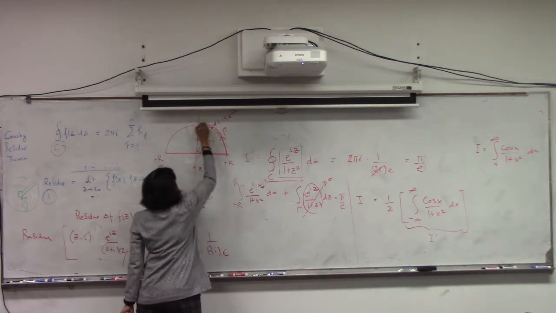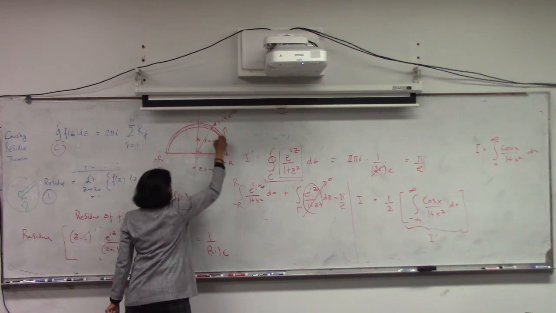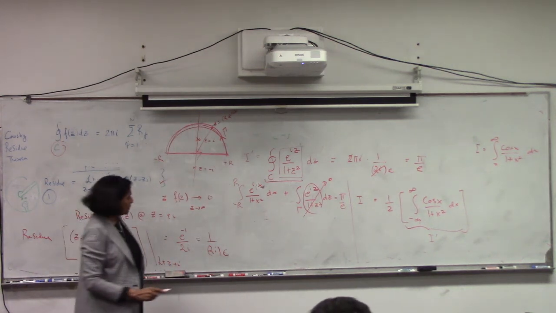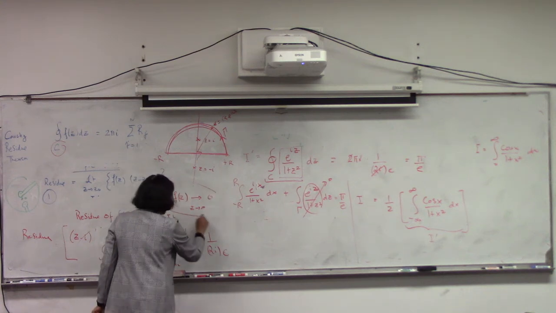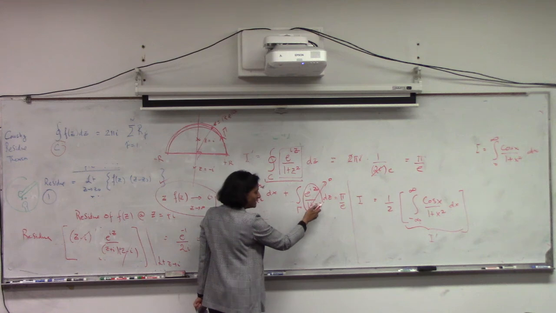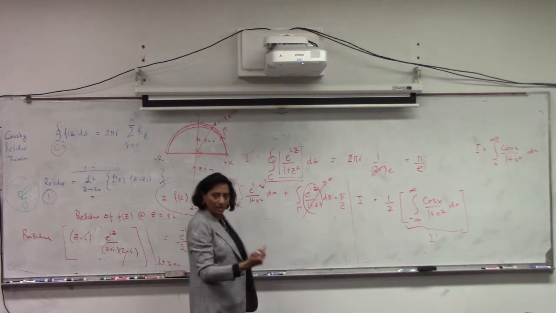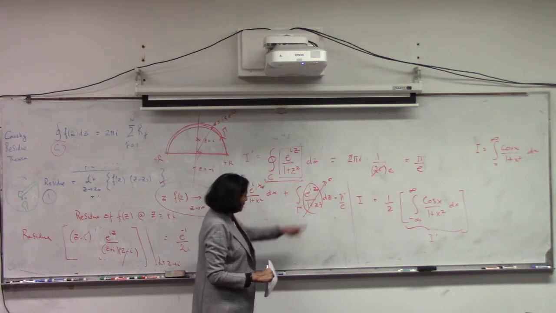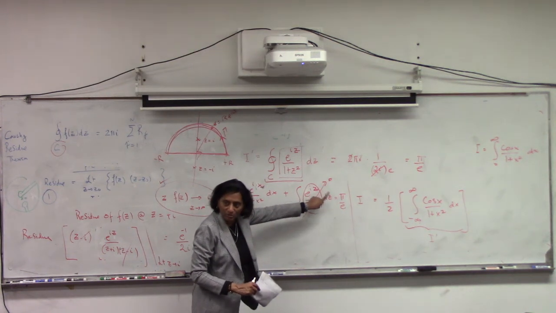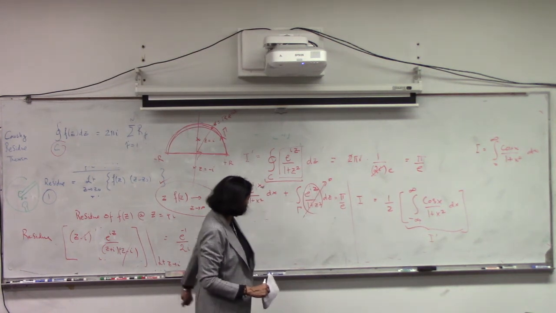Then for such integrands, there's no contribution from the semicircular arc, right? So this condition has to be satisfied, and those are okay for 1 plus z squared, 1 plus z cubed, or whatever it is, it'll satisfy. Because this denominator will be higher in power, it can help you make that go to 0.